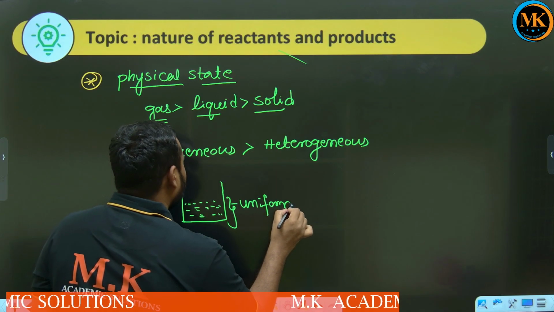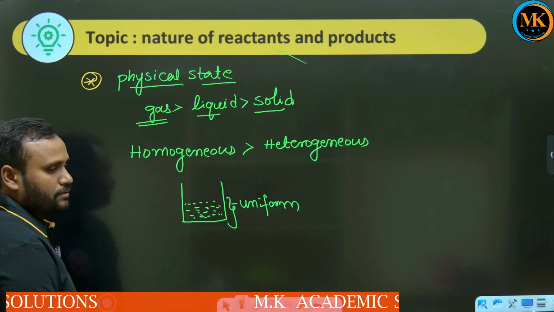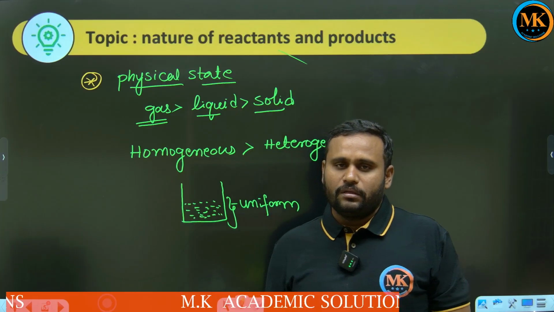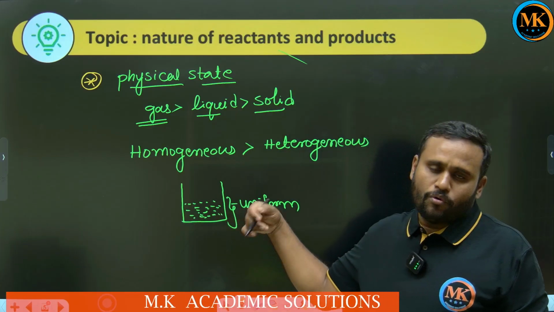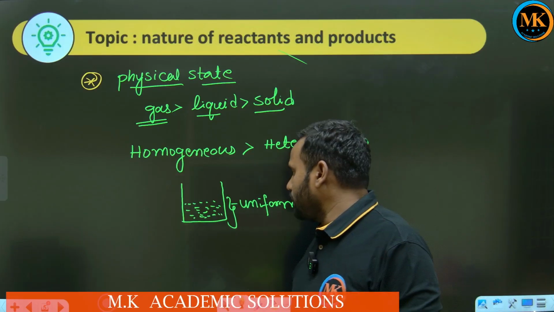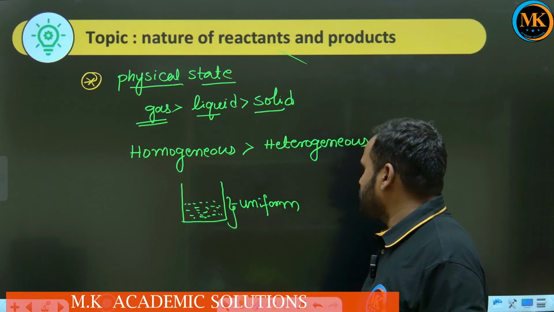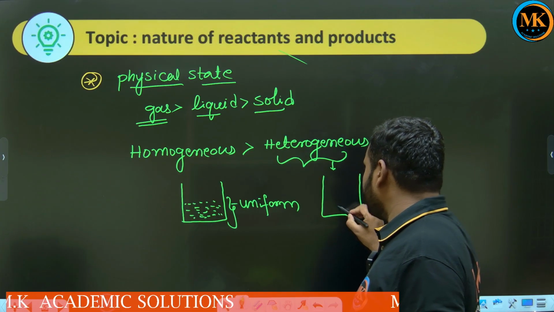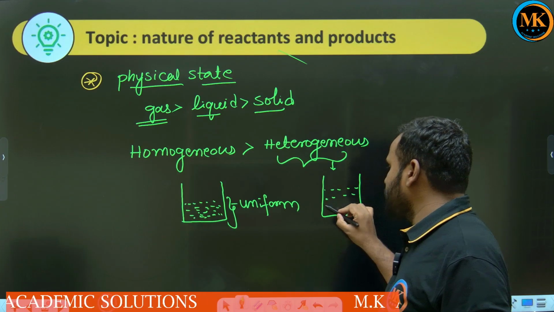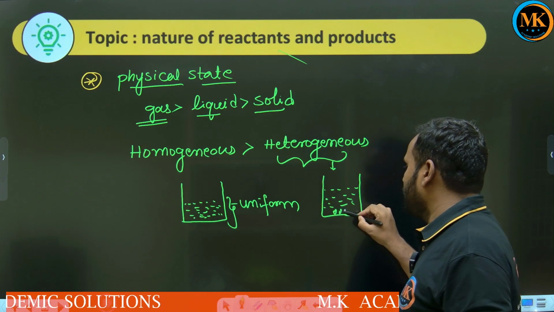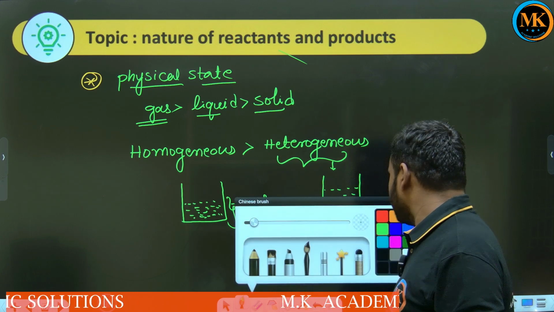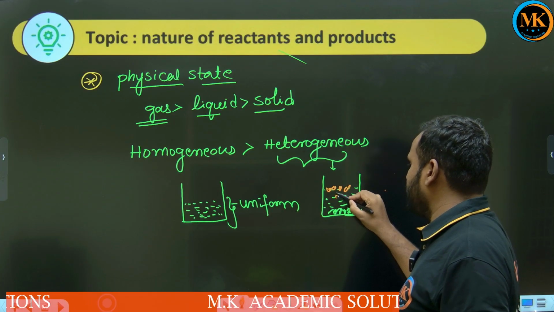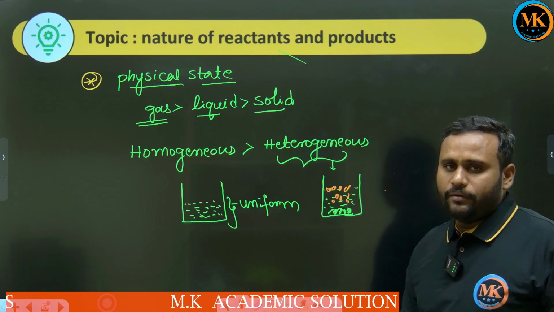That means here the reactant molecules are mixed very thoroughly. So we can observe more probable collisions, a greater number of collisions, in homogeneous mixtures. And when you come to the heterogeneous mixture, it is the mixture which is not uniform throughout. Such types of mixtures are called heterogeneous mixtures.